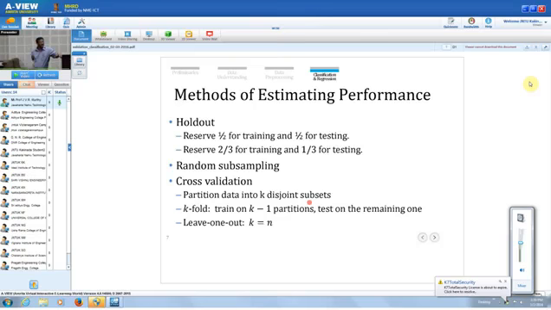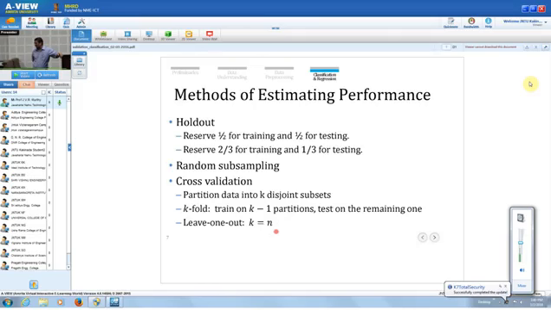Now in k-fold, what you will do is train on k-1 partitions and test on only the remaining one partition. So the training data will be much more, test data will be less. You leave one out of k; that is the test data sample. That is called k-fold cross validation.